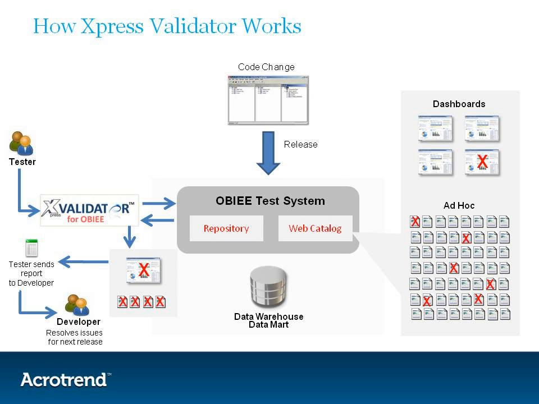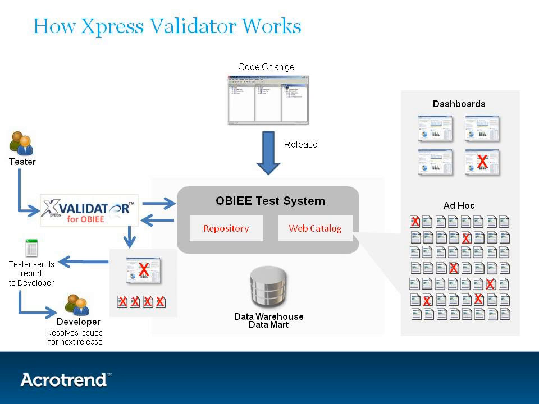Now let's look at how Xpress Validator can help. So again, code release goes in, some of the reports are invalidated by that, but what we can now do is we can use Xpress Validator to run a series of tests across those reports, run thousands of reports, and find the ones that have been invalidated, and then create a list of those and hand them to the developer to be resolved.